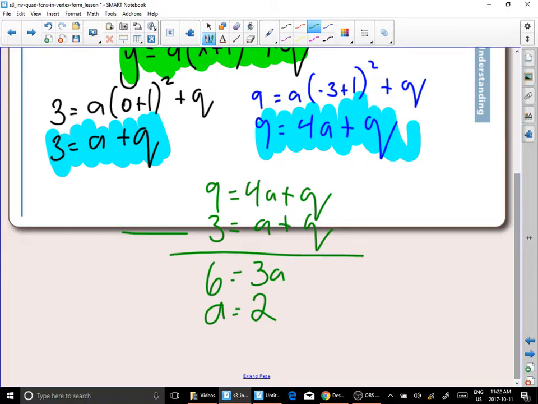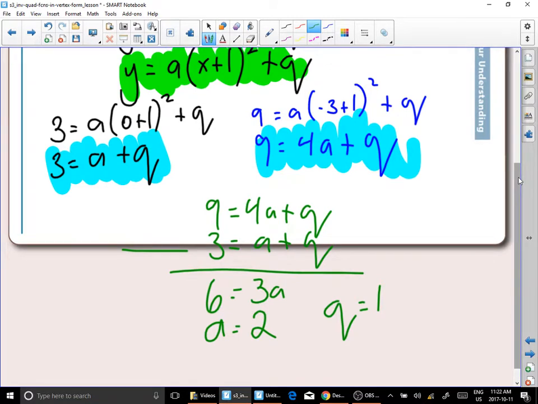And if we go back to this pretty straightforward equation, we said that we don't know what a and q are, but we do know if we add them together, we get 3. Well, if a is 2, what must q be? 1. So we go back to this equation up here, and we replace a with 2 and q with 1.